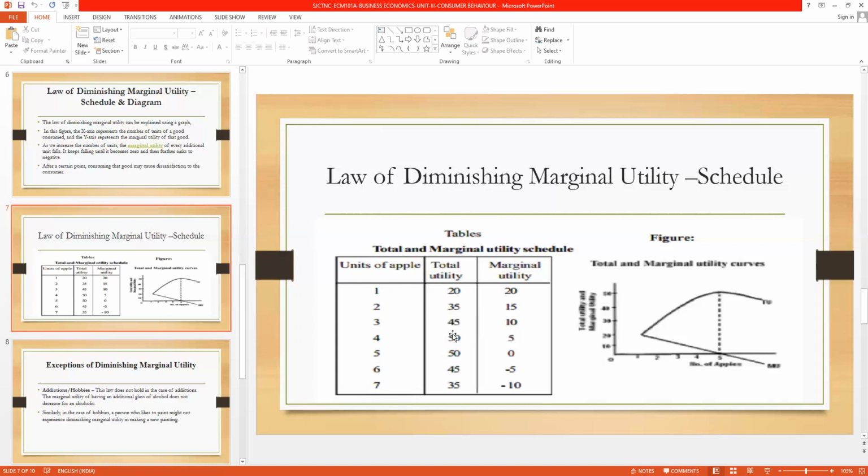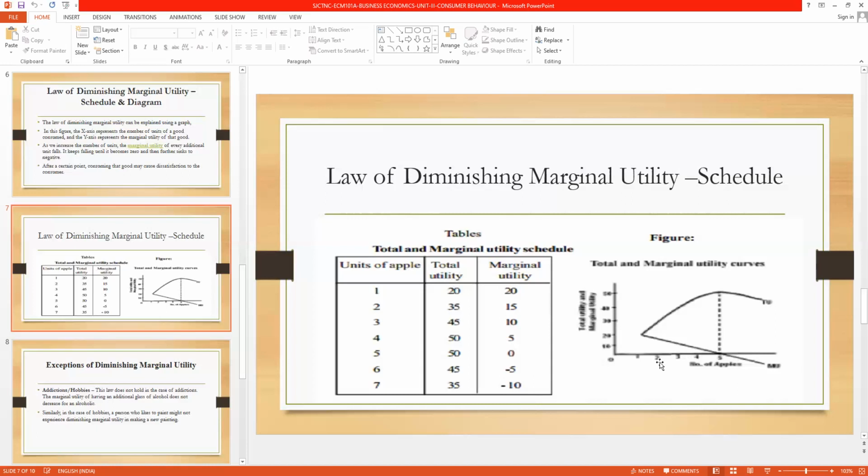So total utility is increasing when he consumes one more. At the same time, we'll see what is happening to the marginal utility. Marginal utility is decreasing, and at one point it becomes 0. Then it becomes negative. This can be explained with the diagram.